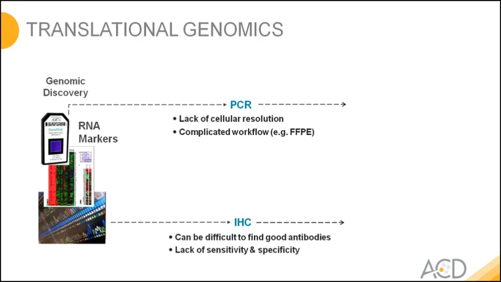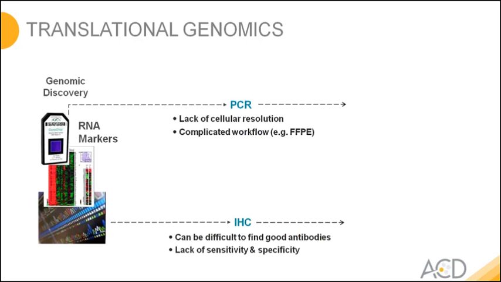So you can go the PCR route for validation, or you can use immunohistochemistry. Both have their compromises, their pitfalls. PCR does not give you the cellular resolution, and it has a complicated workflow on the pathologist routine sample, so formalin-fixed sections, but it gives you a very good sensitivity and full control over what you see.